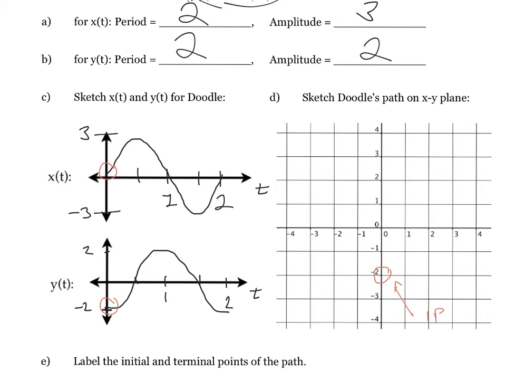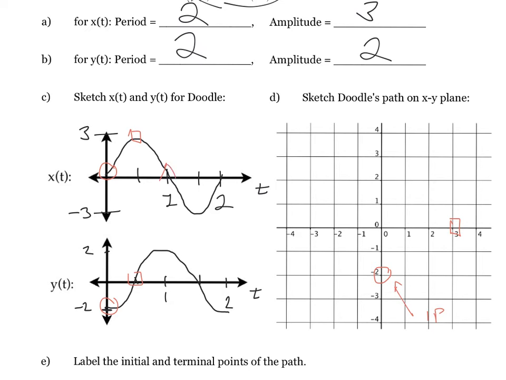Now if I go to 1/2 second, the x curve is at its maximum. The y curve is on the t-axis. It's at 0. So our second point that we could graph is at x equals 3, y equals 0, which is over there. The next point I could do, I'll use a triangle symbol.